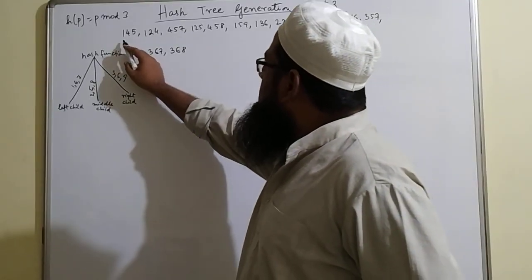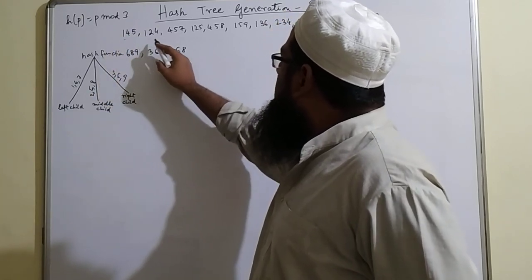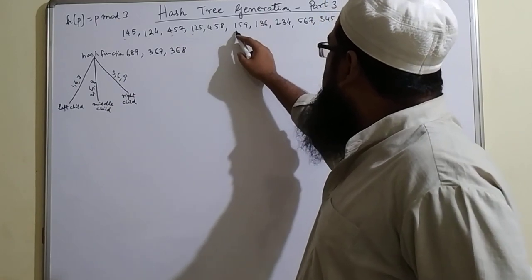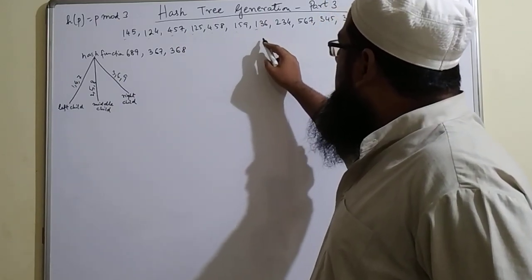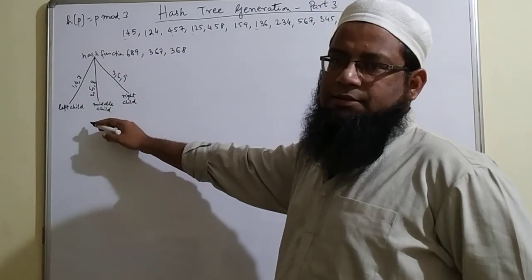So let's see the first digit. This is 1, 4, 1, 4, 1, 1. So all these are going to be your left child.